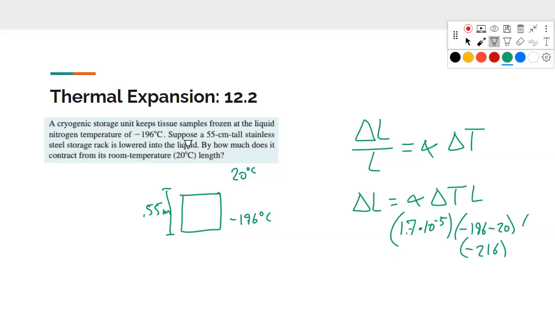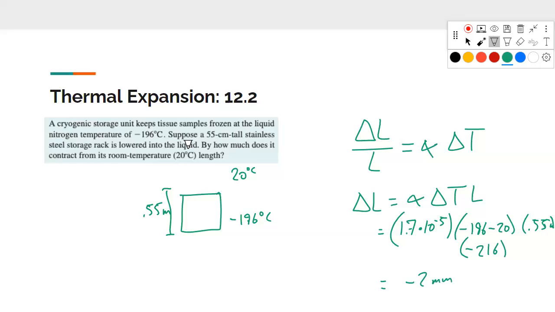That's our delta T. And our length was 0.55 meters. And so now we can calculate our delta L. Just pull this up really quickly. And we get minus 2 millimeters roughly, 2 times 10 to the minus 3.